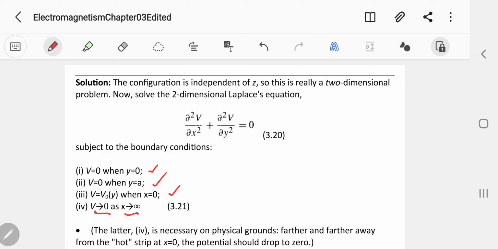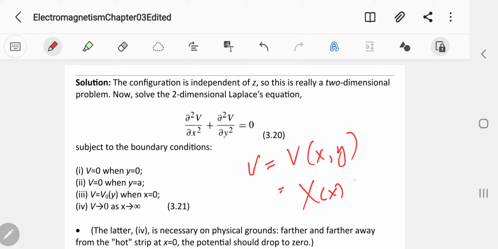There's no boundary on the z, so we only have these four. So now we can find V as a function of x and y, and we can take V to be a product of two functions, X of x and Y of y.